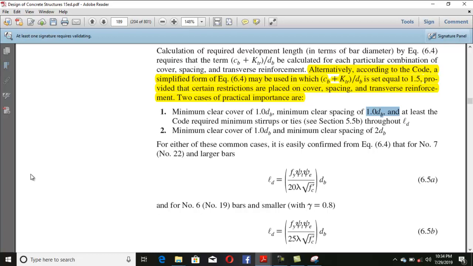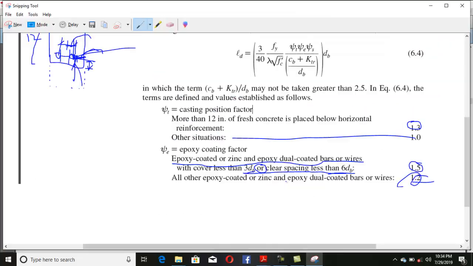So whatever the length LD is, this term basically means that at the end, if you have steel bars and you provided transverse reinforcement along the LD, this is your LD length.